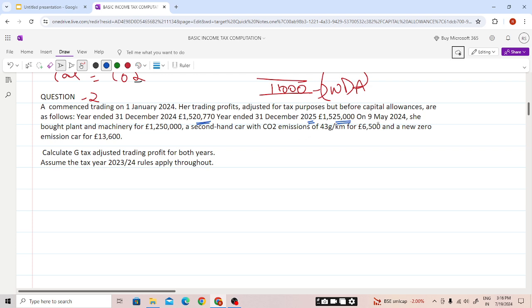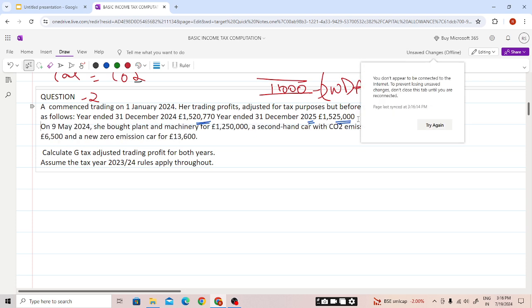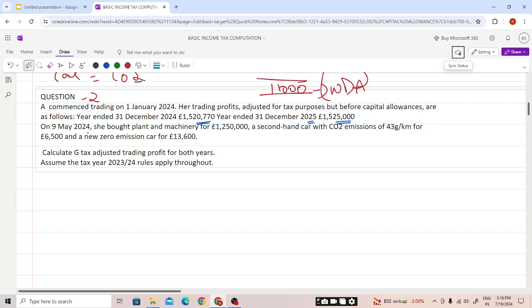On 9th May 2024, she bought plant and machinery for 1,250,000 pounds, a second-hand car with CO2 emission of 43 grams for 6,500 pounds and a new zero emission car for 13,600 pounds.